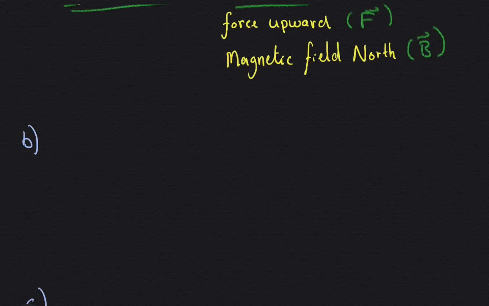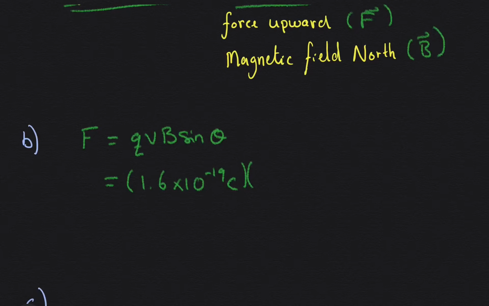So I'll write the equation here. F is equal to qvB sine theta. Now plug in the values. The charge of a proton is 1.6 times 10 to the negative 19 coulombs, multiplied by the velocity, which is 1.00 times 10 to the 5 meters per second, multiplied by 55 microtesla.